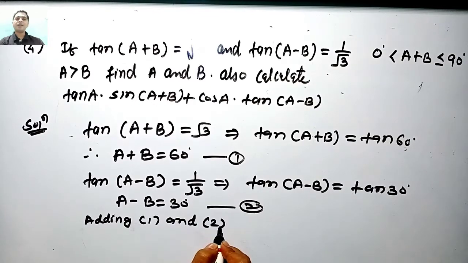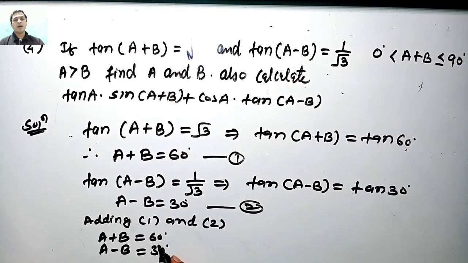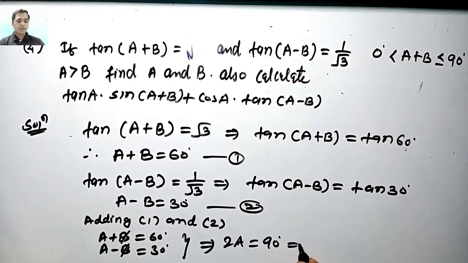Now adding equations 1 and 2 to eliminate b, we will get the value of a. So adding 1 and 2 over here, a plus b is 60 degree and a minus b is 30 degree. So b will be cancelled, so we are getting finally a plus a means 2a, and 60 plus 30 will be what? 90 degrees. So the value of a is 90 by 2, means 45 degree. Right, student?